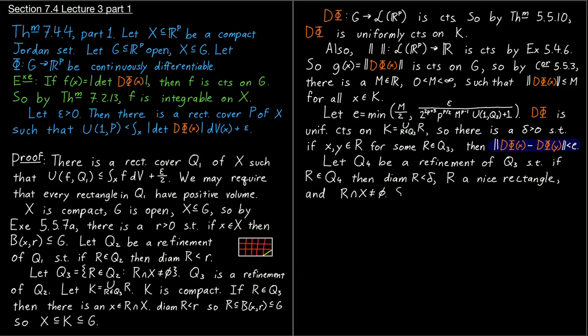Note that in particular, if C is in R and R is in Q4, then R is contained in one of the rectangles in Q3, and also diameter of R is less than delta. Every point in R is within delta units of C.